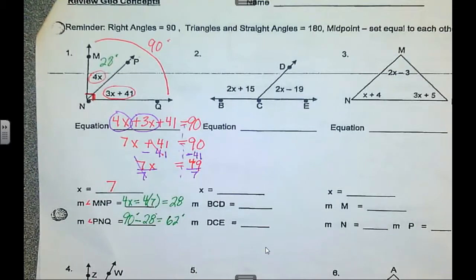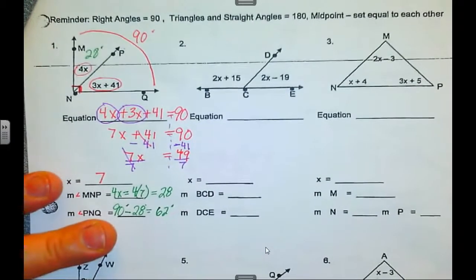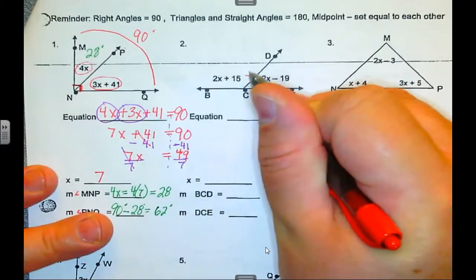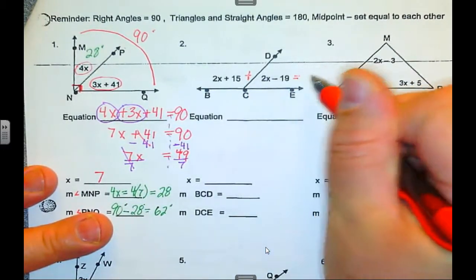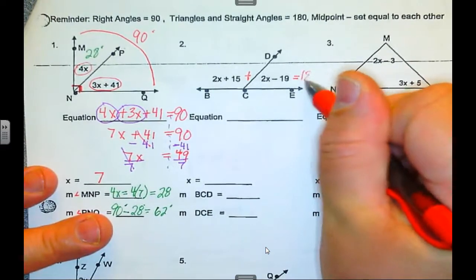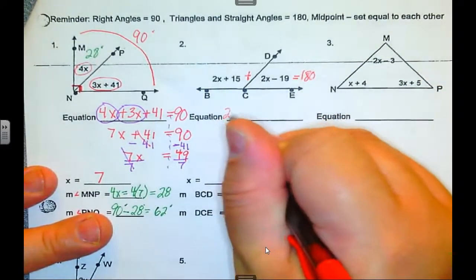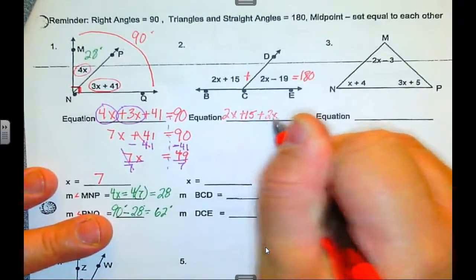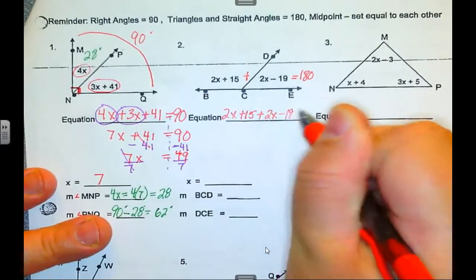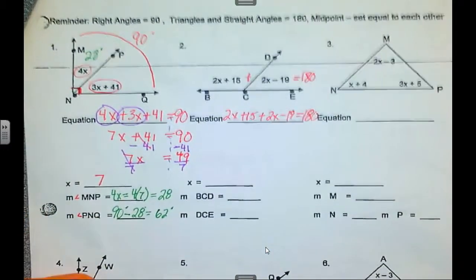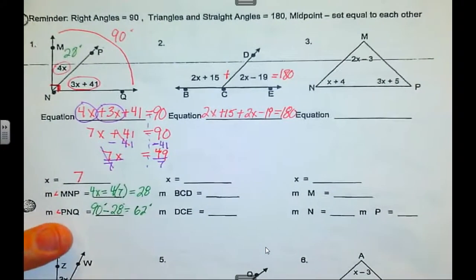If I have supplementary angles, or in this case a linear pair, what are they going to equal? If I add them together, what are they going to equal? 180. So 2x plus 15 plus 2x minus 19 equals 180. And it's the same thing for a triangle, right?